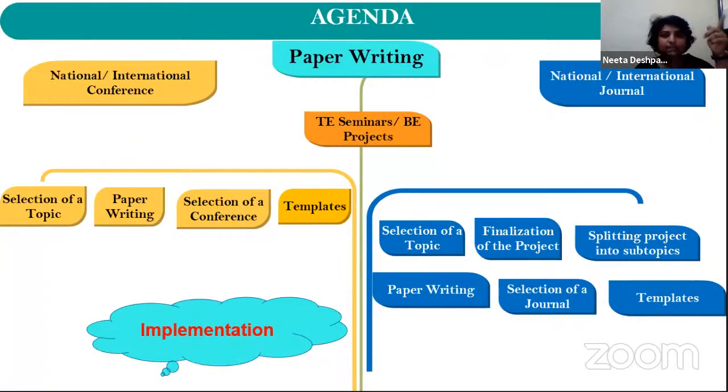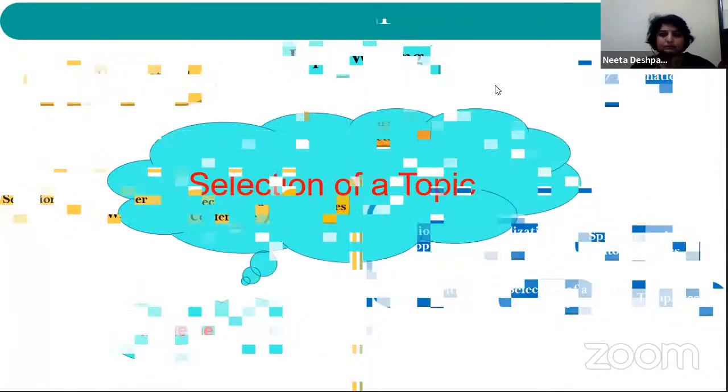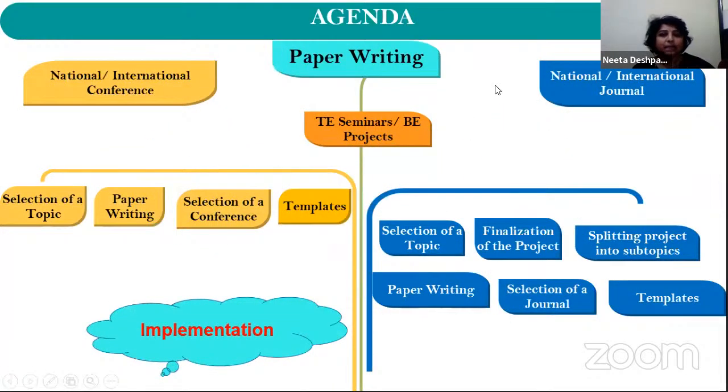So this would be the agenda for my talk. Whenever you are writing a paper, as I told you when showing the first slide, this would be a focus for your TE seminars and your BE projects. So you can write a paper based on your TE seminar topic and based on your BE project topic. In this agenda, the major focus will be on the selection of the topic, then how you write a paper, then how you select a conference.